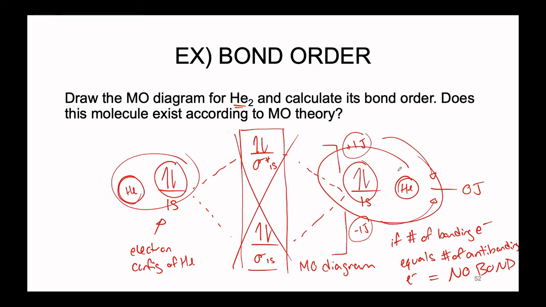MO theory describes the molecular orbital that results from the combination of helium's 1s orbitals as being so unstable that the heliums are like, nope, peace out, I'm just going to hang out by myself. Atoms don't combine unless it's stable for them to do so. So if we can see there is a great instability, the atoms are just like, nope, no bond for me, thank you, I'll be on my own merry way.